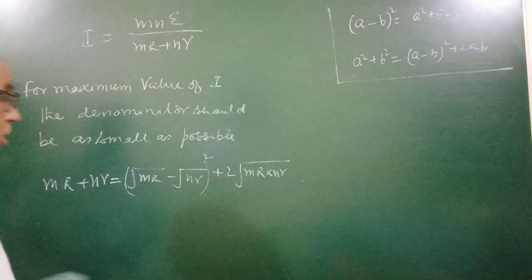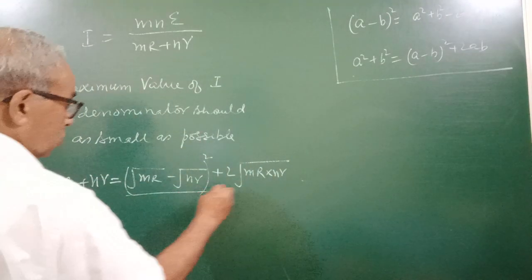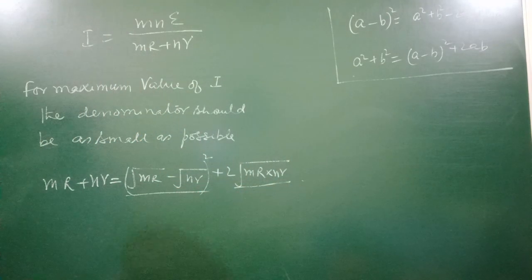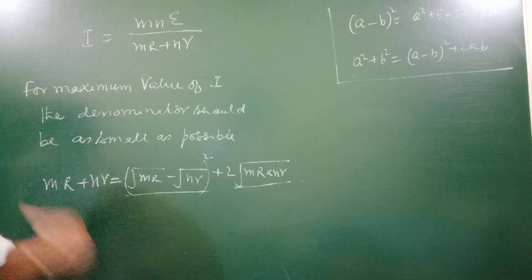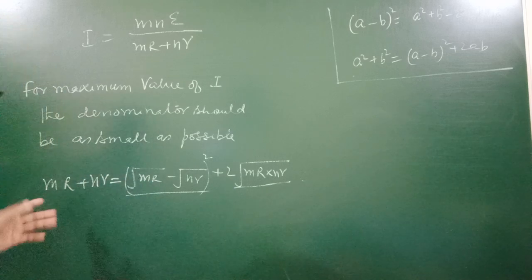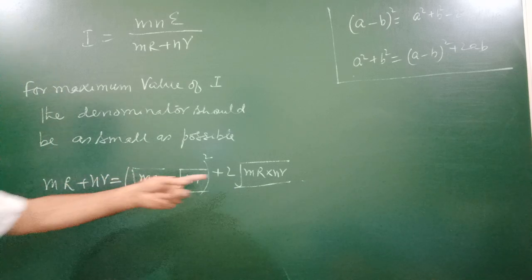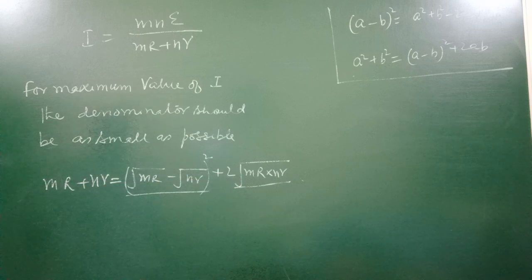Now the right hand side has two terms, this one or this one. If one term becomes 0, then the very minimum.